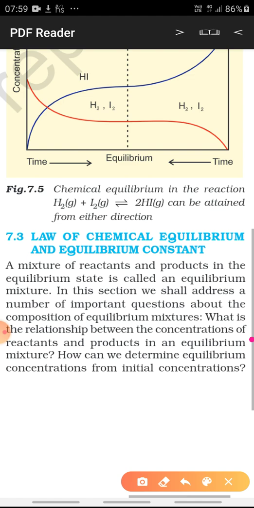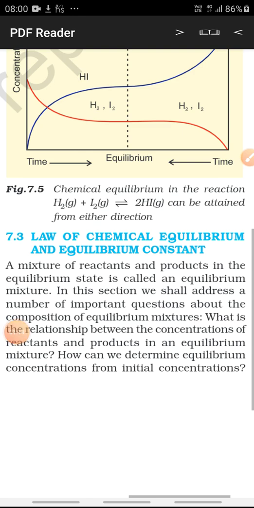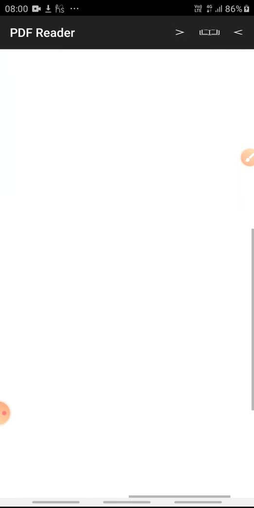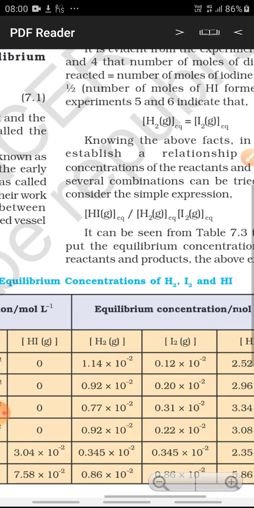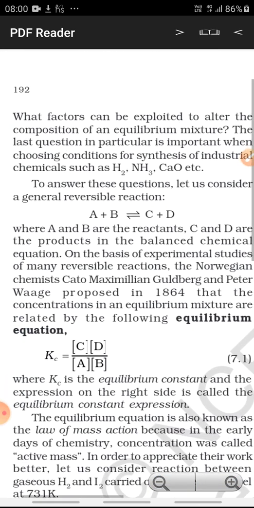The establishment of the equilibrium depends upon the reaction. If a reaction is very fast, it is established quickly, and if it is very slow, it is established after a long time. Today we'll be studying the equilibrium constant.